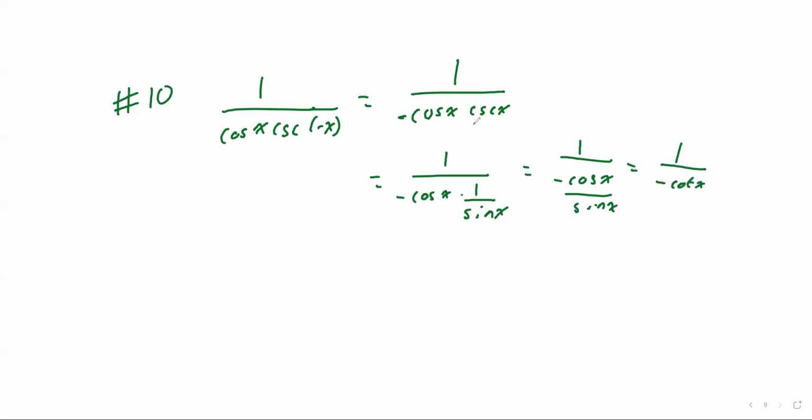Again, I use the reciprocal function here after I use the even-odd function, then just multiply it across. Using the quotient identities, I'm able to see that this is equal to cotangent. And now using the reciprocal identity again, I can see this is really just negative tan x. And there might be some other patterns that you could have gone with to get to that same conclusion as well. All right, let's look at number 12.